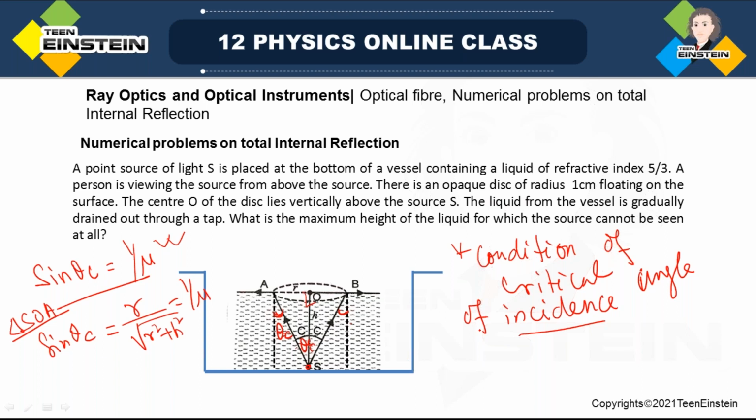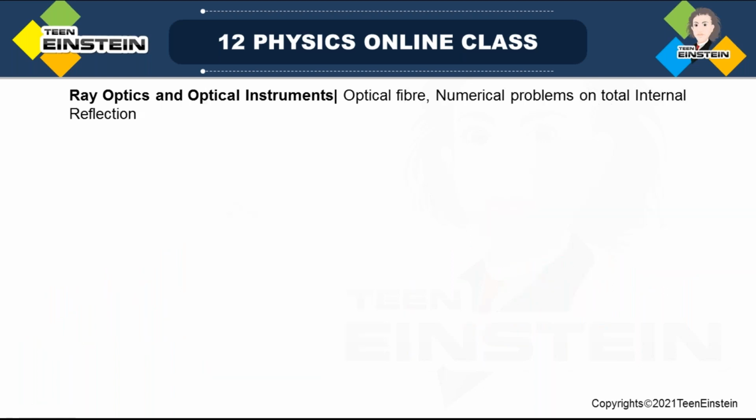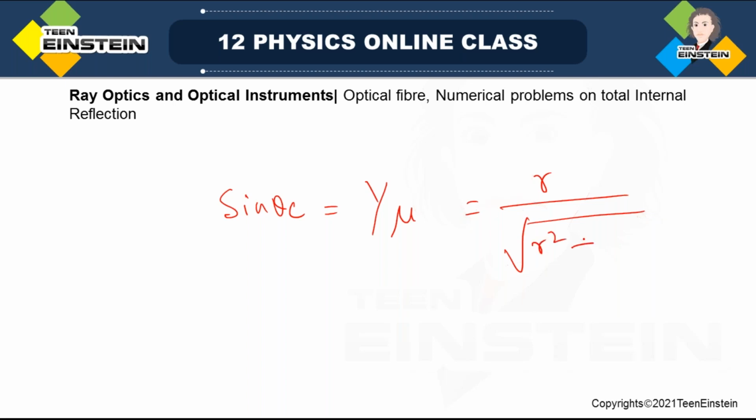I'll do the calculation in the next slide. So I have got sin theta c is equal to 1 by mu, that is equal to perpendicular by hypotenuse, that is r over the square root of r square plus h square. Let us do a little bit of simplification. You can write 1 by mu square is equal to r square divided by r square plus h square.